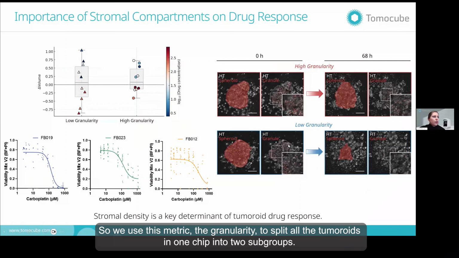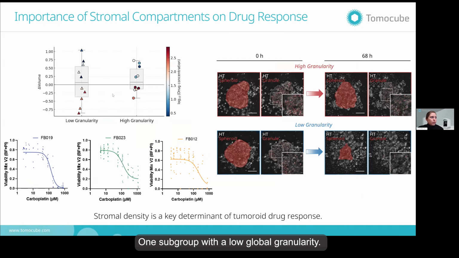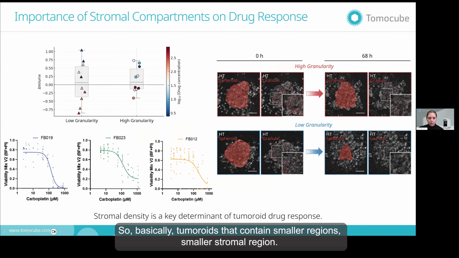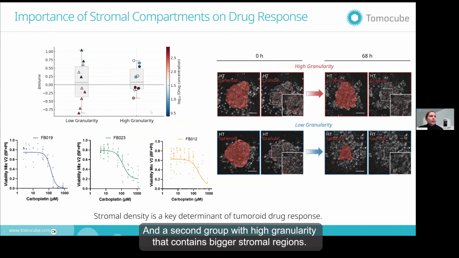So we used this metric, the granularity, to split all the tumoroids in one chip into two subgroups. One subgroup with a low global granularity, so basically tumoroids that contain smaller stromal regions, and a second group with high granularity that contains bigger stromal regions.